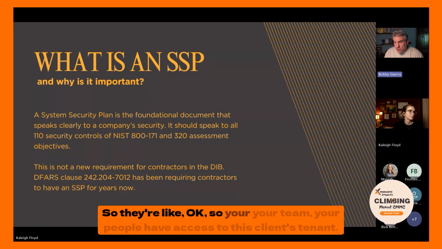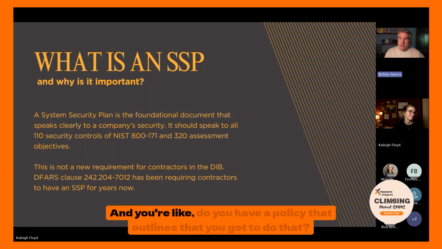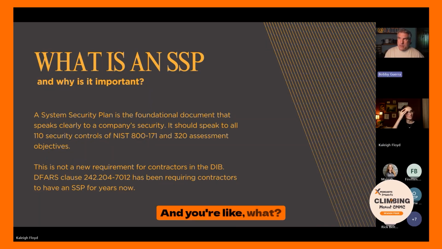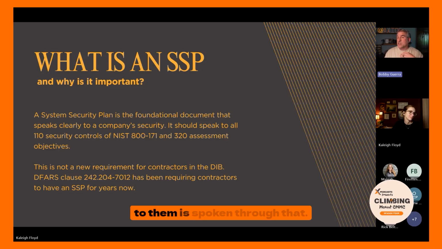They're like, okay, your people have access to this client's tenant. And you say, yep. So you do training for your team? Yeah, I do. Do you have a policy that outlines that you have to do that? And you're like, what? You can't just steal off your client's paper and assume that everything you're providing to them is spoken through that.